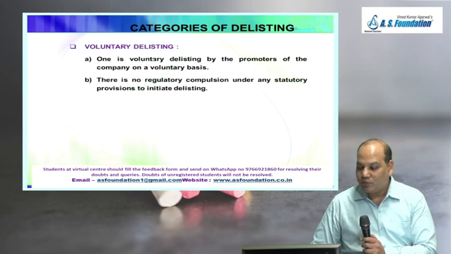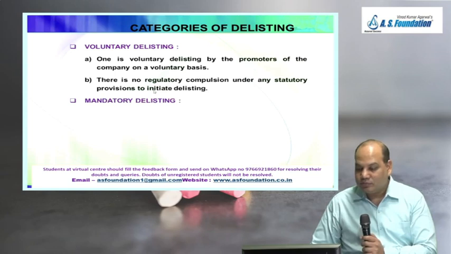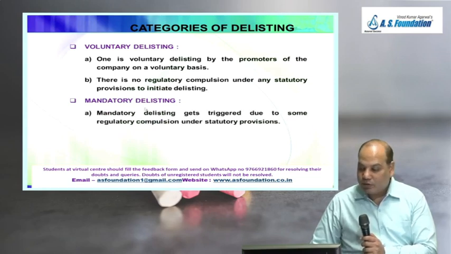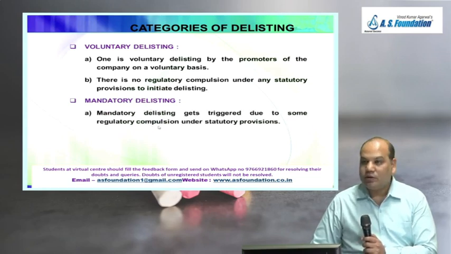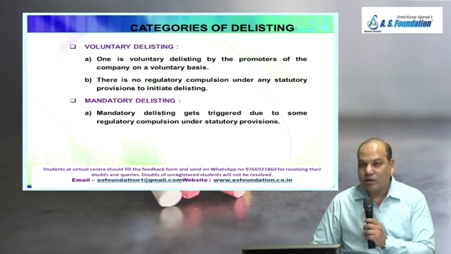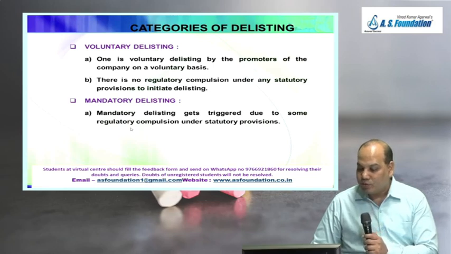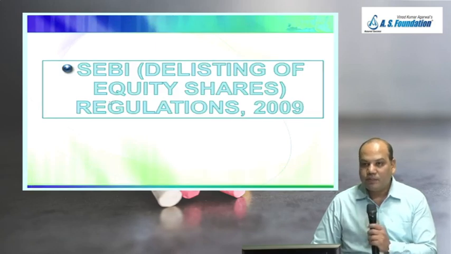So voluntary delisting is, as the name suggests, purely voluntary. But mandatory delisting is when some regulatory compliances are not met, then mandatory delisting gets triggered due to some regulatory compulsion under statutory provisions.